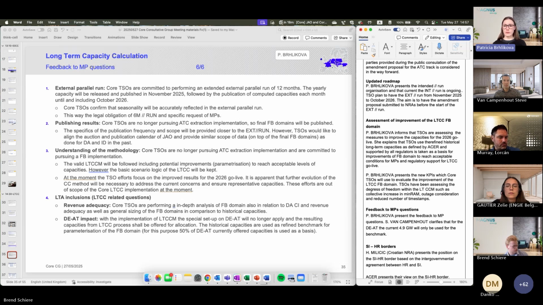So the Polish borders will be normally considered in the capacity calculation process, but in the analysis TSOs are now performing, there is no specific value set for Polish borders, as currently there is no allocation.